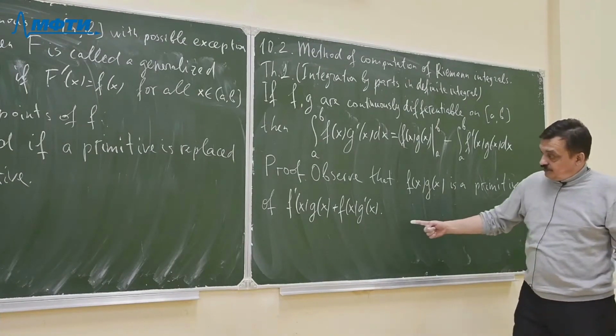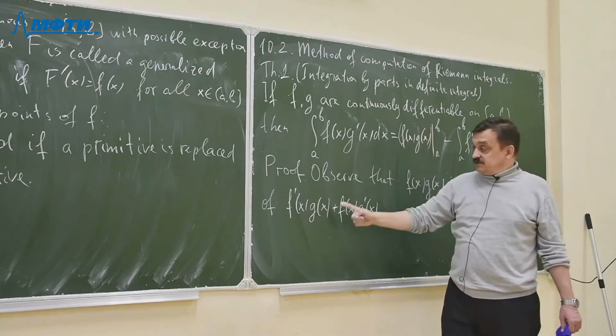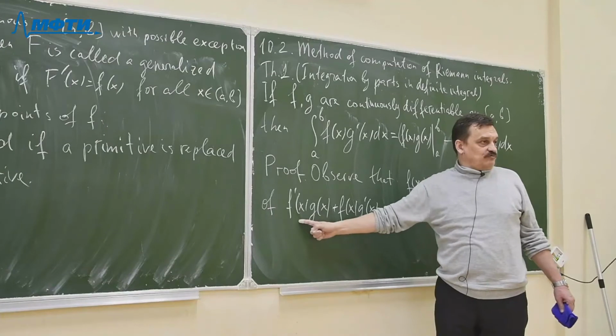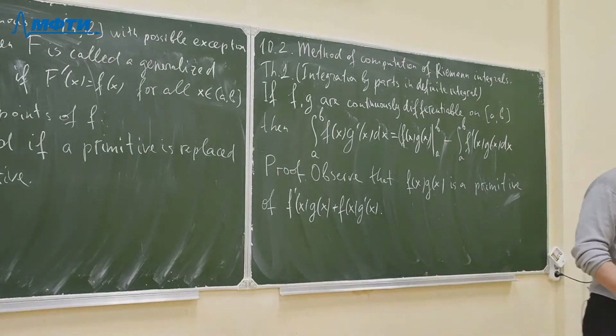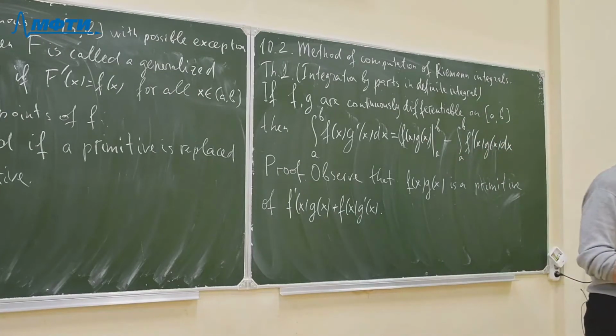Moreover, what does continuously differentiable mean? It means derivatives are continuous. So we have a product of two continuous functions that is integrable. A sum of two integrable functions is integrable.